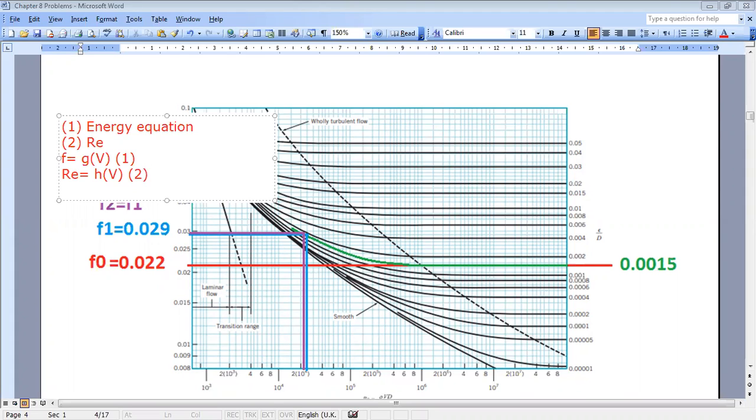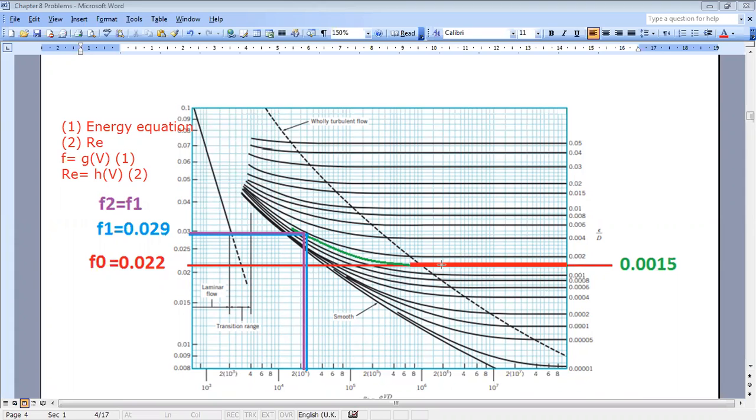Since I don't have two inputs, I have only one, I should start by doing a certain assumption. How to do this assumption? I look at my graph. I can see that for the epsilon over d value, I have nearly a flat curve for high Reynolds numbers.